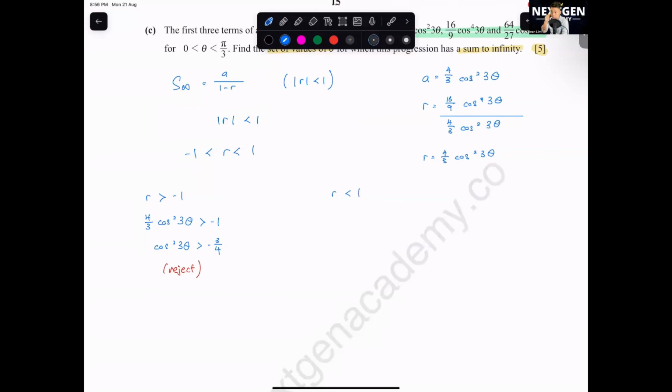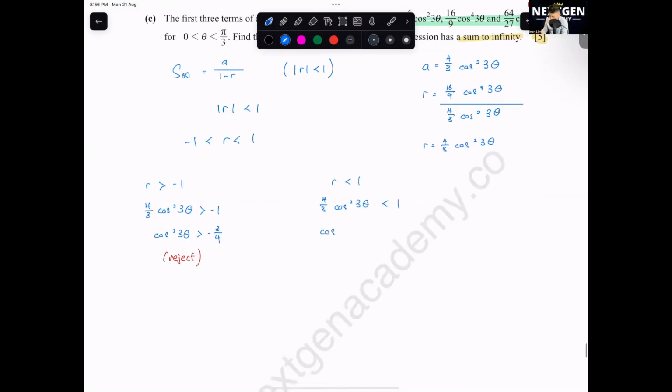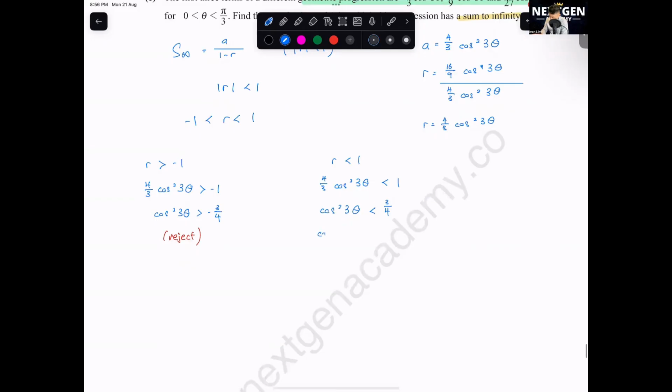r is less than 1. What's r? 4/3 cos squared 3 theta is less than 1. Let's solve for this one. Cos squared 3 theta is less than 3/4. Cos 3 theta is between plus minus square root of 3/4.